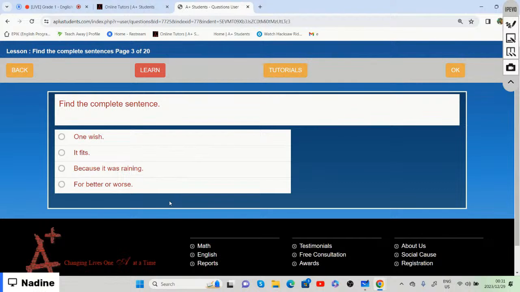All right, so if we want to find the complete sentence that has both a naming part as well as an action part, is it one wish? It fits because it was raining, for better or worse.